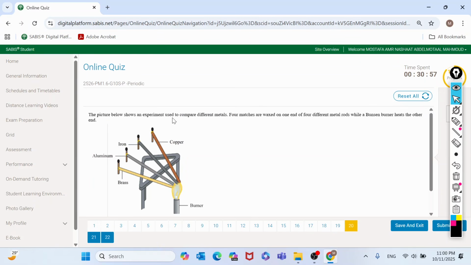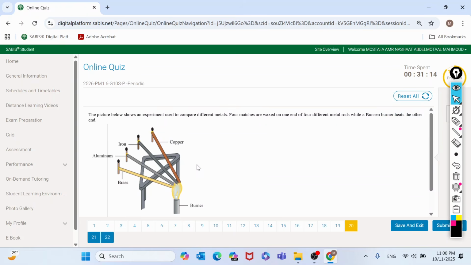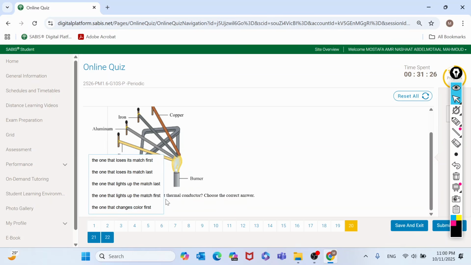The picture below shows an experiment used to compare different materials. Four matches are waxed on one end of four different metal rods while a Bunsen burner heats the other end. How can you tell which metal is the best thermal conductor? Okay guys, obviously the best thermal conductor is the one that's going to get heat to the matches the fastest. If you're moving heat faster, that means you're a better conductor. Does the one that lights the match?